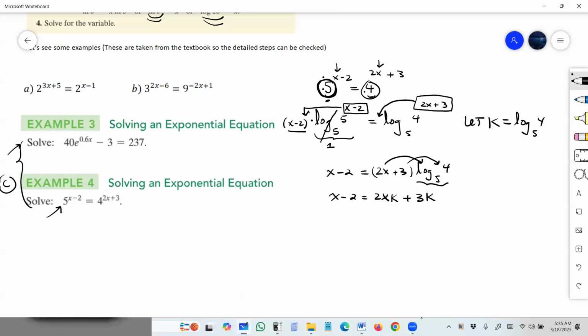Solving this for x, I'm going to subtract 2xk on both sides. And here I have x minus 2xk minus 2 equals 3k. I'm going to add 2 to both sides.